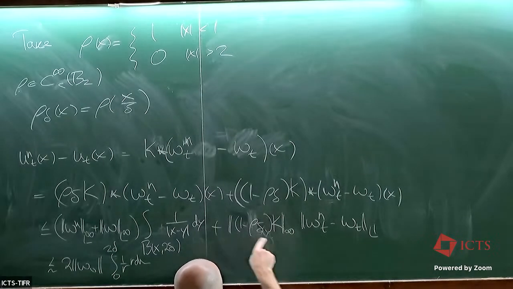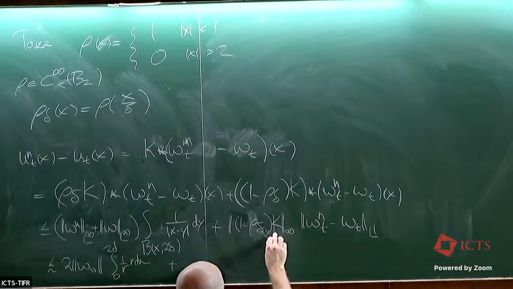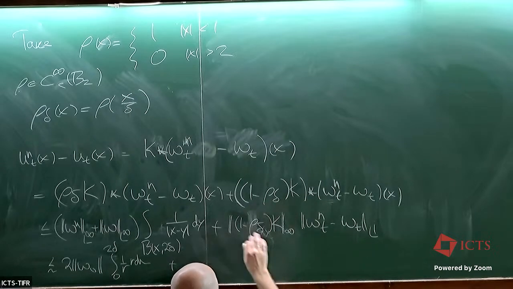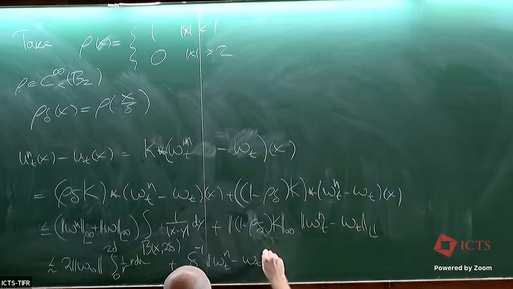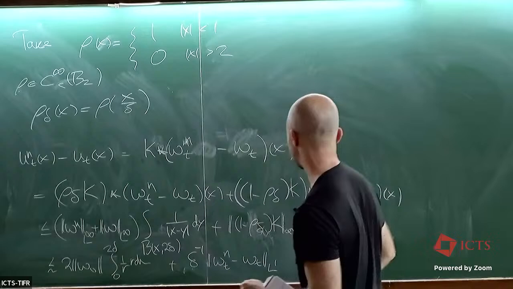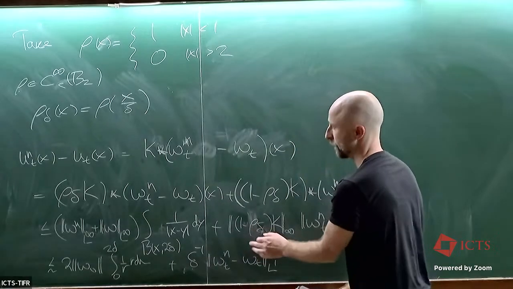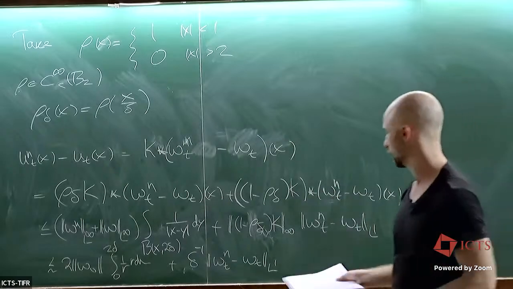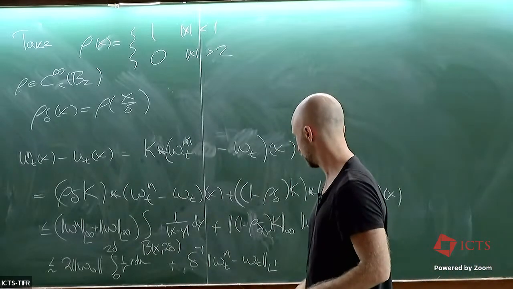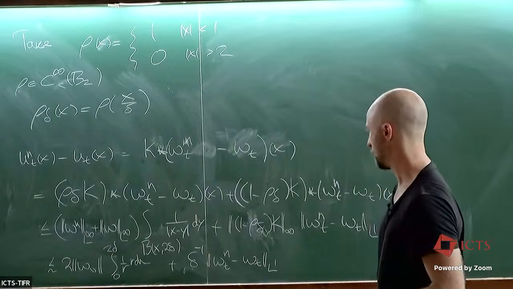And this term, as long as you're away from 0, will be bounded by 1 over delta. Right, because 1 minus rho delta has its support outside of the singularity.